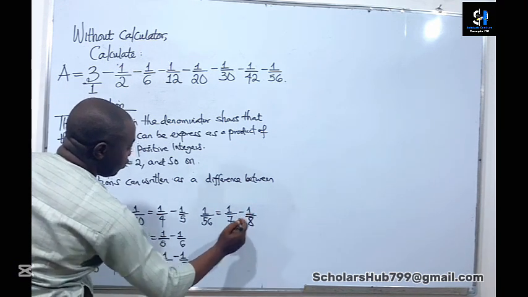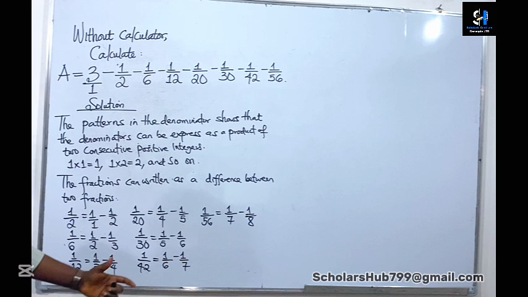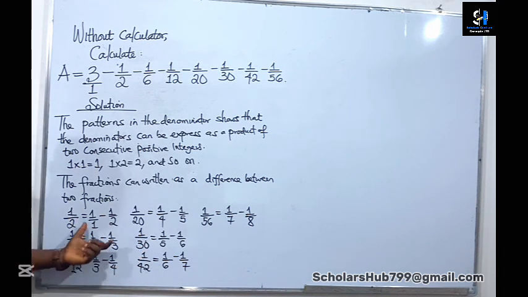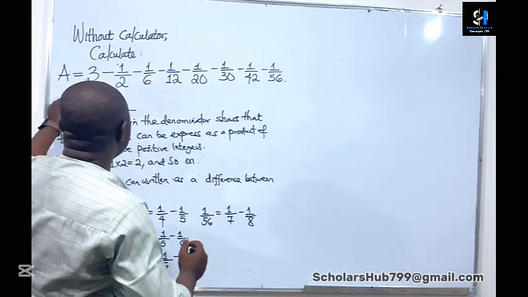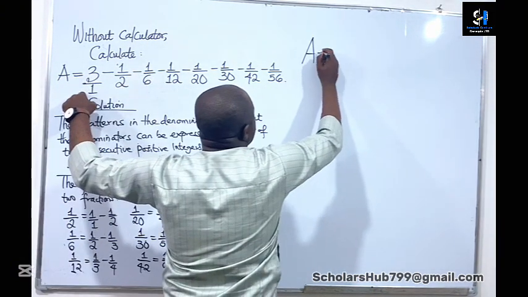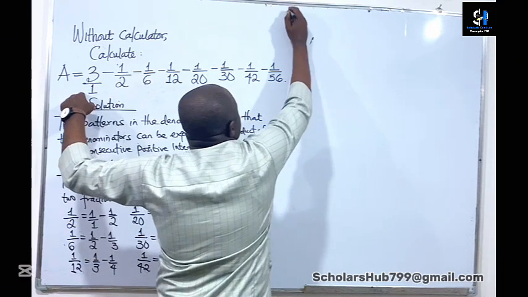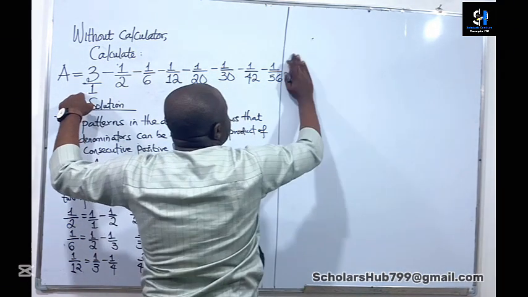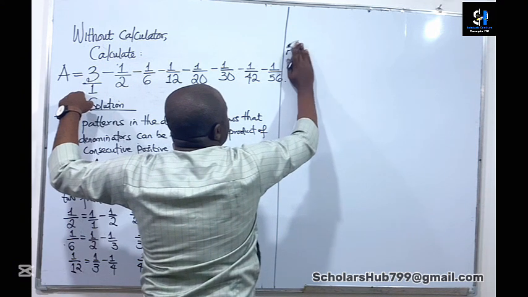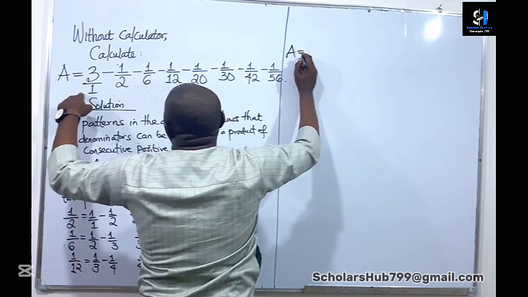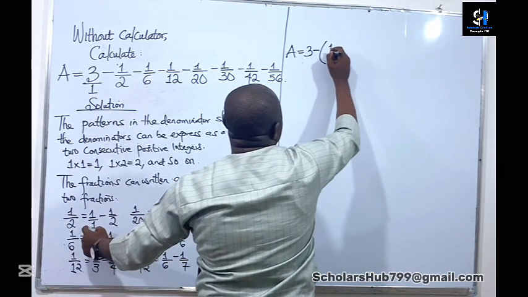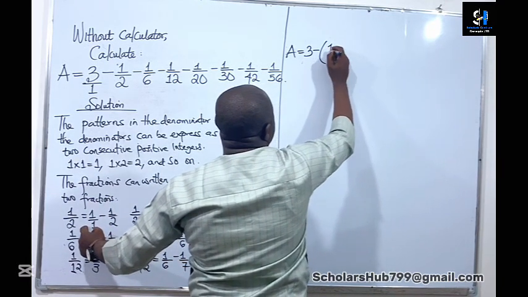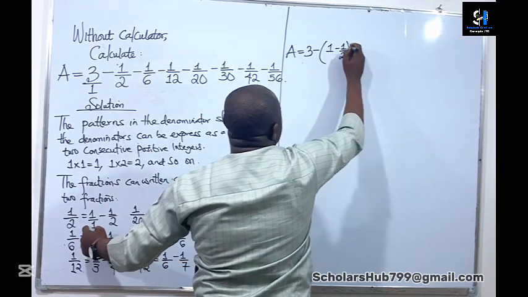Then for 1 over 56, this will be 1 over 7 minus 1 over 8. Having known that each fraction can be written in terms of the difference between two fractions, I'm going to replace that here. So A will be equal to 3 minus, for 1 over 2, 1 over 1 minus 1 half.